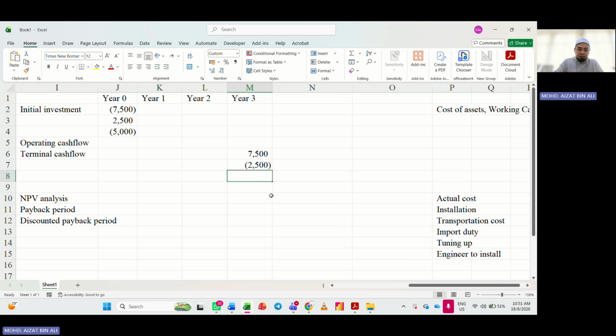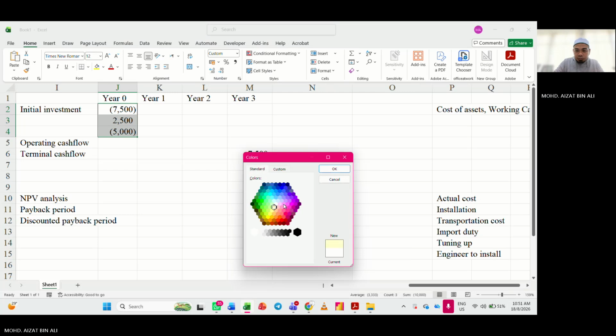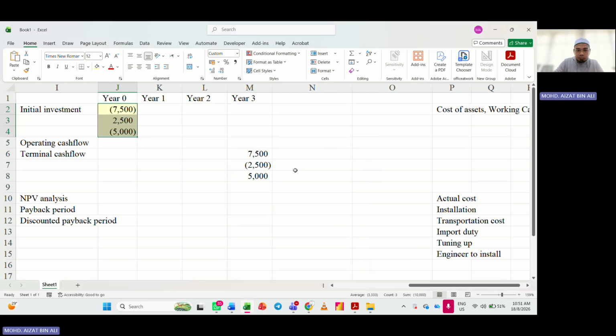So a total cash inflow of 5,000 ringgit. So this is the relation between initial investment and terminal cash flow. This is the first relationship.